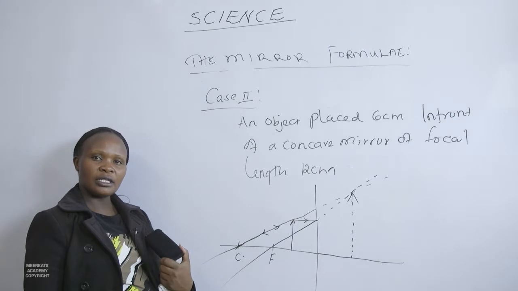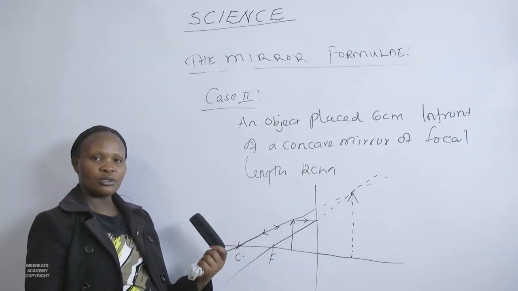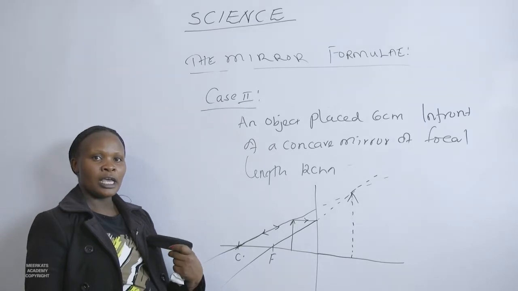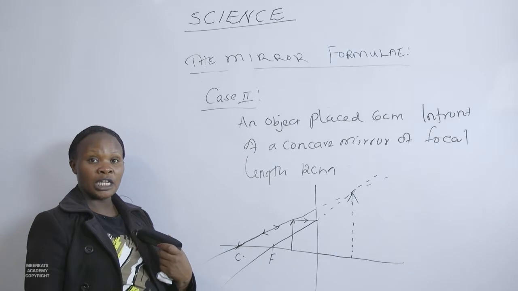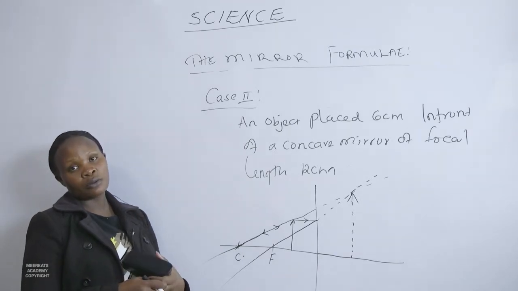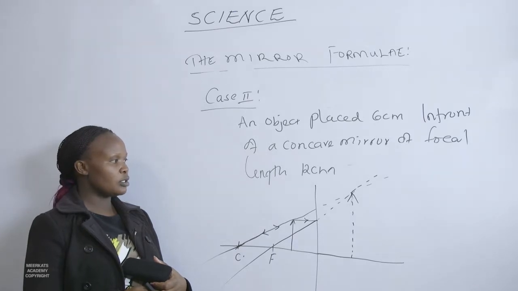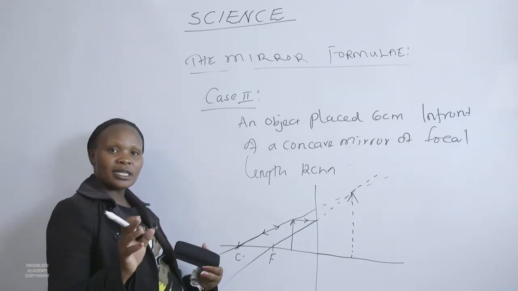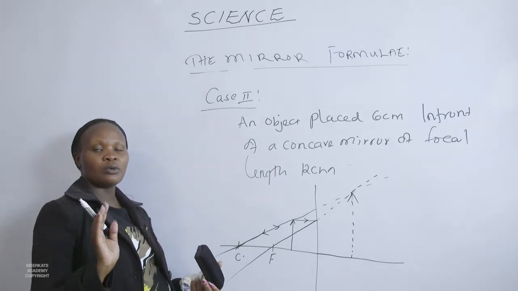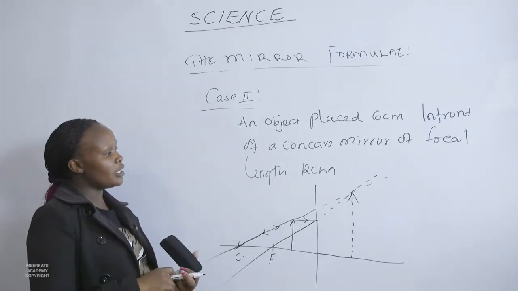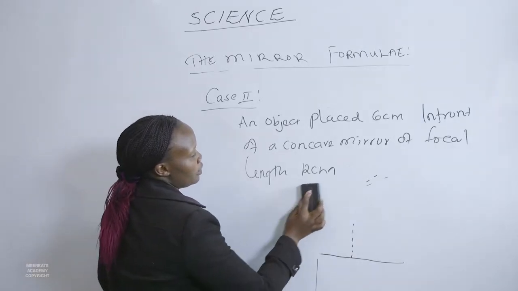Now what should that tell you? That should tell you that should you resolve the distances and find out that V is actually positive, then there is something wrong with your calculations, because we say that virtual distances will always be negative. Now, to the working.